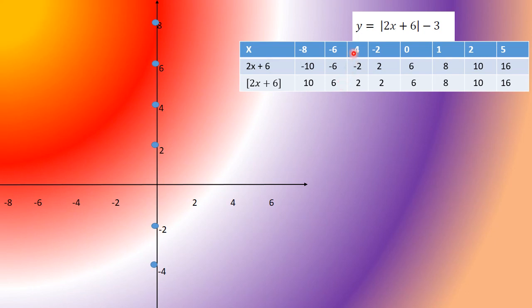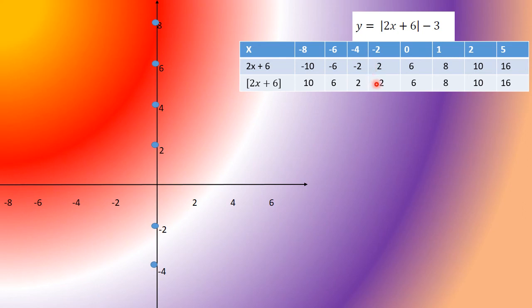When you substitute minus 4 into the equation, minus 4 times 2 is minus 8, plus 6, answer is minus 2. You take the modulus of it, it becomes plus 2. Thereafter, when you substitute minus 2, 2 times minus 2 is minus 4, plus 6, then it becomes plus 2.